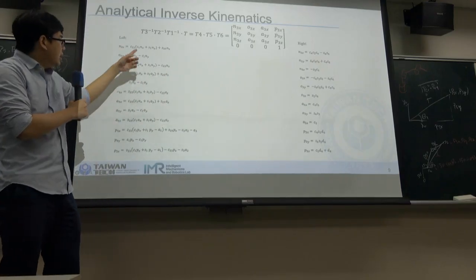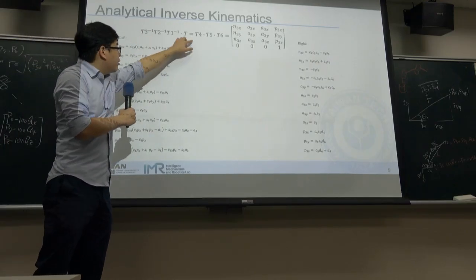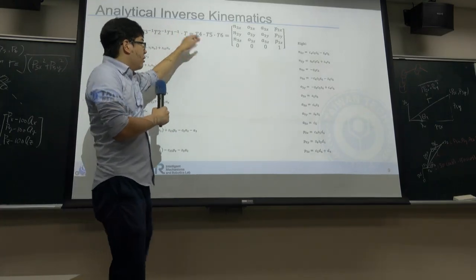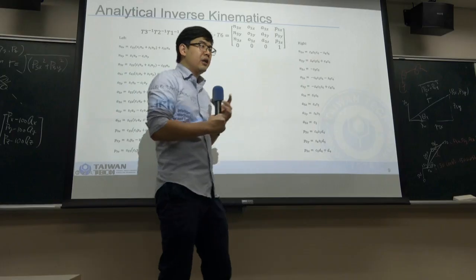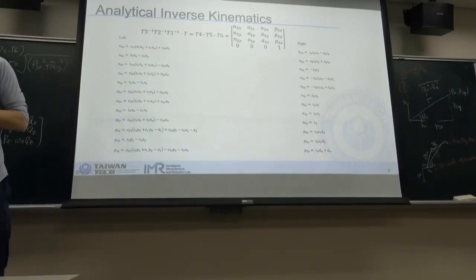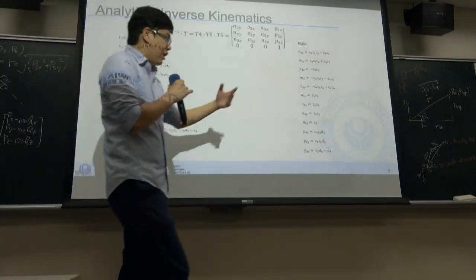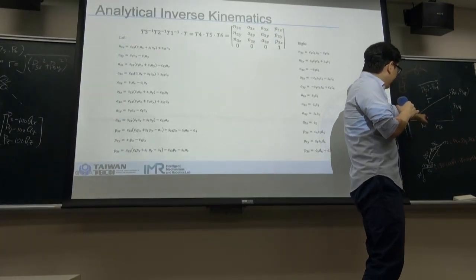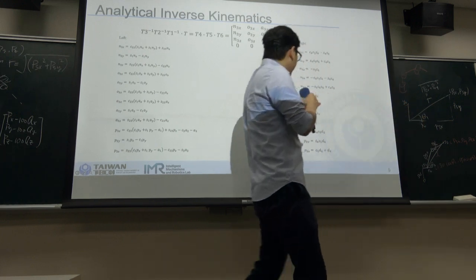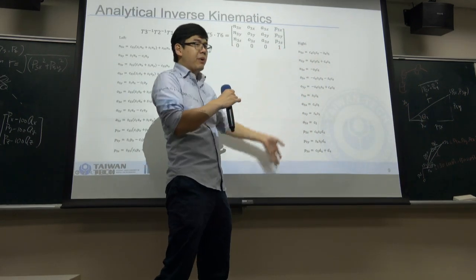You can just substitute all the known values into it. Then you already know all the values, so the only variable is over here. Then you can see it's very easy. So the easier way may be to use the geometric structure to solve the first 3 angles, then use the equation to solve the wrist part.